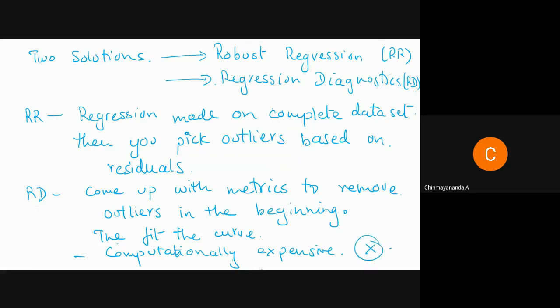Also, for robust diagnostics, a good understanding has been developed only when you have one outlier. There is nothing like a hard-bound and good theory for cases where you have more than one outlier. So that is the downside of RD, regression diagnostics. So these are the two broad ways in which we deal with outlier detection in general in statistics.